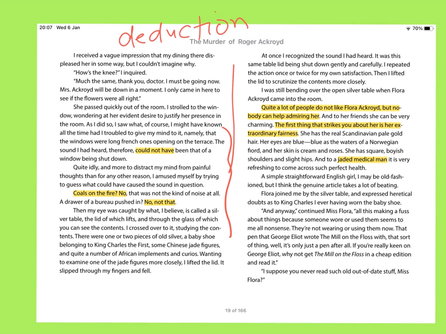From chapter 4 onwards, the murder is yet to be committed, or is committed and not told at the end of chapter 4, and then chapter 5 is murder and the revelation of the murder.